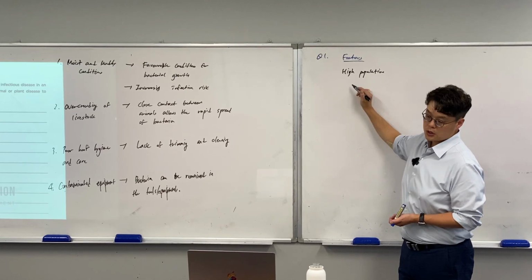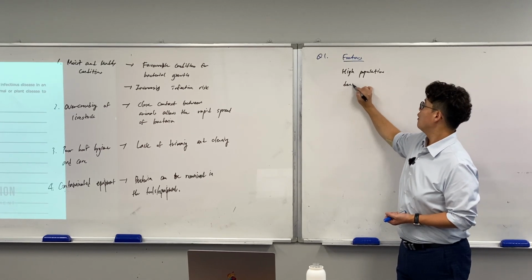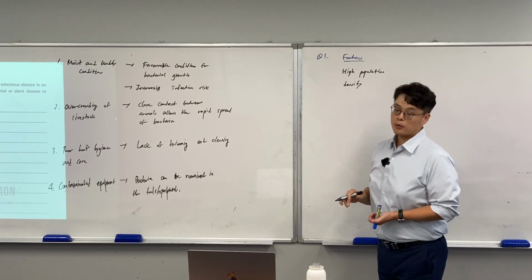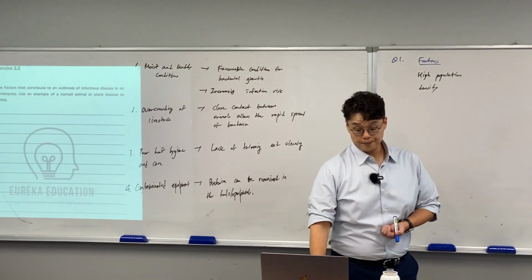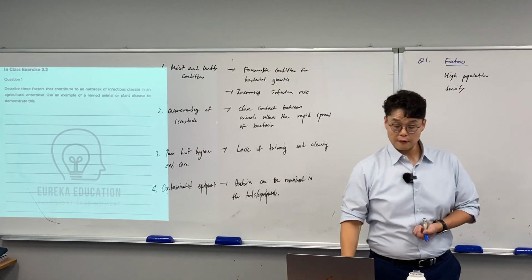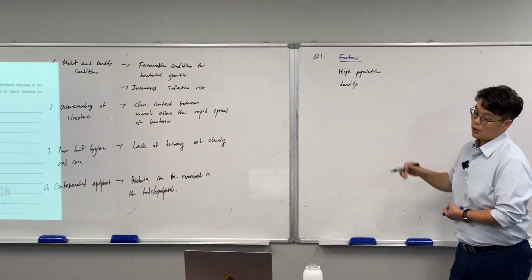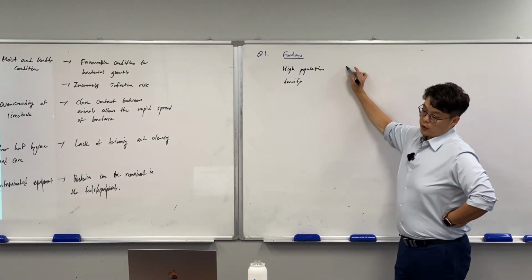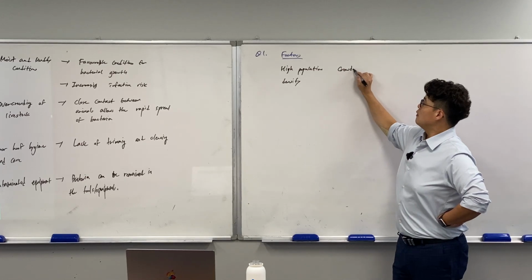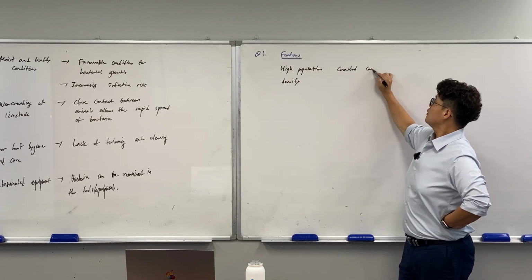High population density would be considered one of the prime factors in spreading the germs and therefore spreading infectious diseases too. So in terms of that, you can think about crowded conditions.